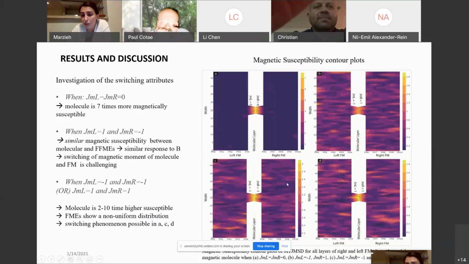If we apply an external magnetic field, the switching phenomenon can happen either when we have a very weak molecular coupling, or when we have both antiferromagnetic or both ferromagnetic coupling. But when the susceptibility is uniform all over the device, then the switching phenomenon could be challenging.